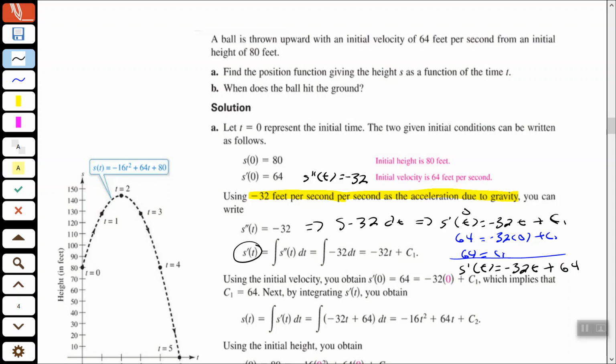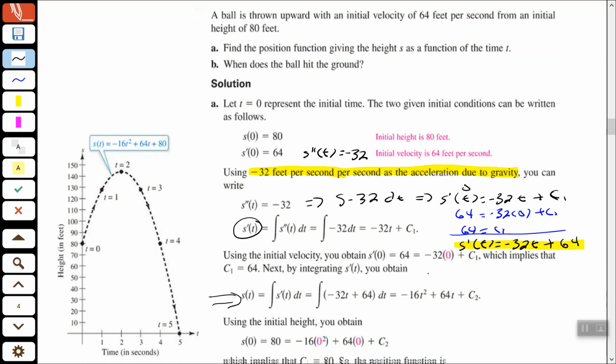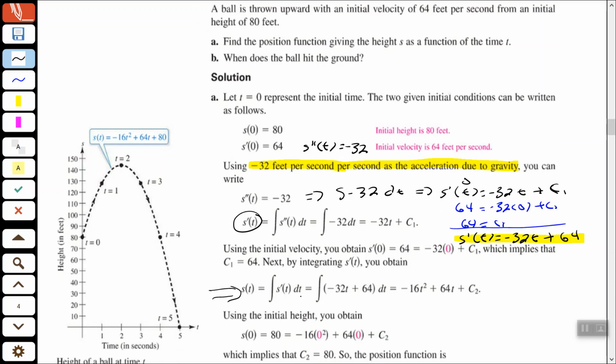Now, if I want to integrate this, it's the integral of negative 32t plus 64 dt. Now when I integrate this, it will move me back up to just s of t. So look down here at this line. It says s of t is equal to the integral of s prime of t dt.